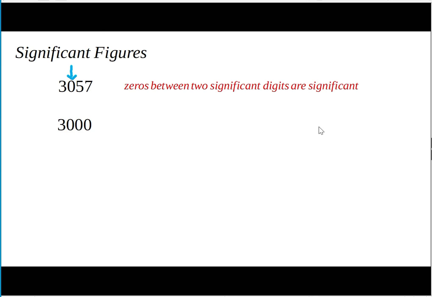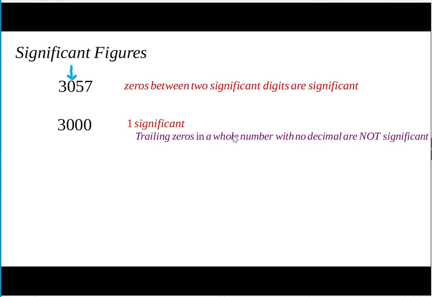Another rule when we are thinking of zeros is that when we have a whole number, not a decimal, the trailing zeros here are not significant. So this number here has one significant figure. The significant number is 1.